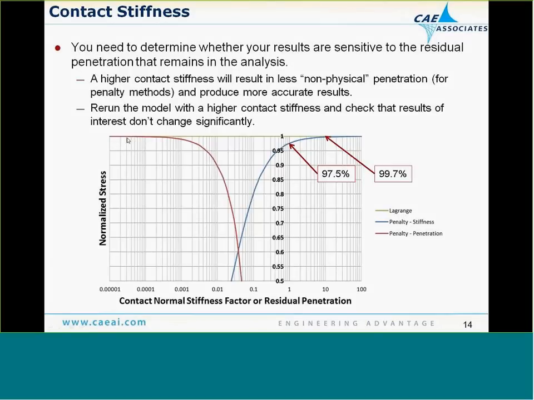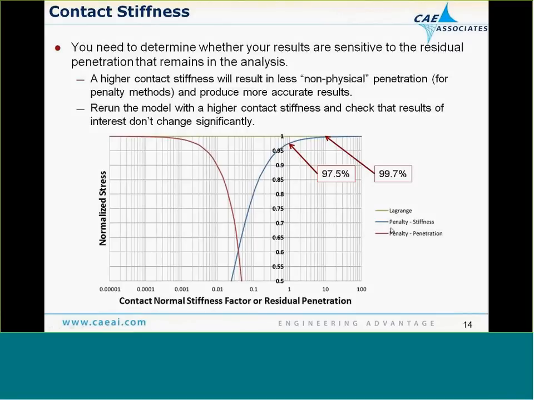And then as we leave some resulting penetration at the end of the analysis, we're not putting as much load in the model, so our stress is much lower than what it should be, and that goes down pretty quickly as the penetration starts to get larger in there. So you can see that this gets pretty sensitive to the resulting penetration that we allow.